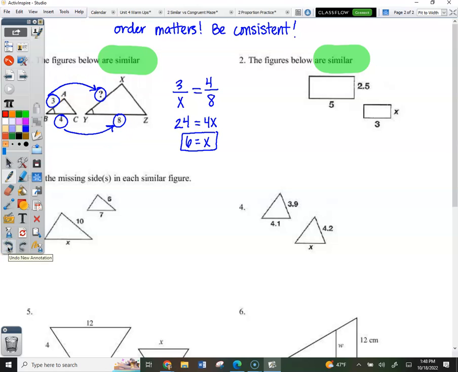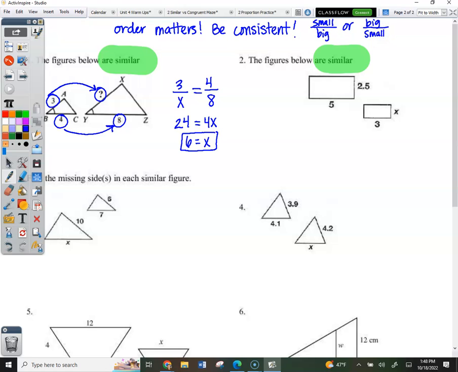I went from small to big, and then I went from big to small, and you cannot do that. That's inconsistent. So if you're going to do small to big in one fraction, you have to do small to big in the next fraction. So maybe make a note right here. Small to big or big to small. Pick which one you like and stick with it.